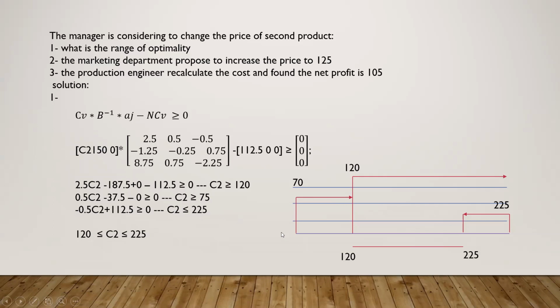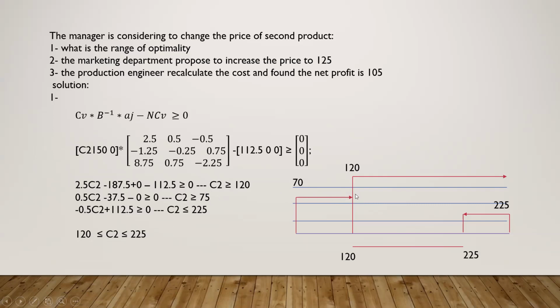So then you draw a line to know what the range is, because for example C2 is more than 120, and C2 is more than 75. So what is the logic to combine these two rules over here? We should have a combined rule for them. So from 75 to 120, it's only applicable for this line.